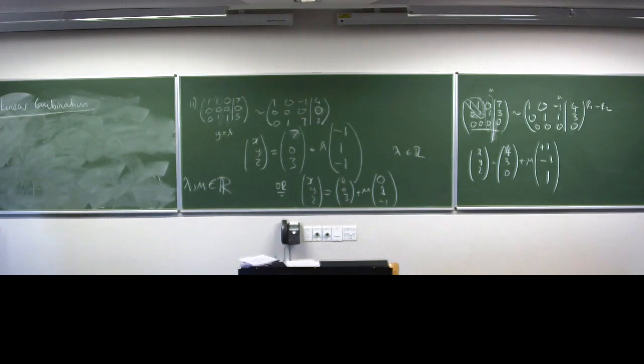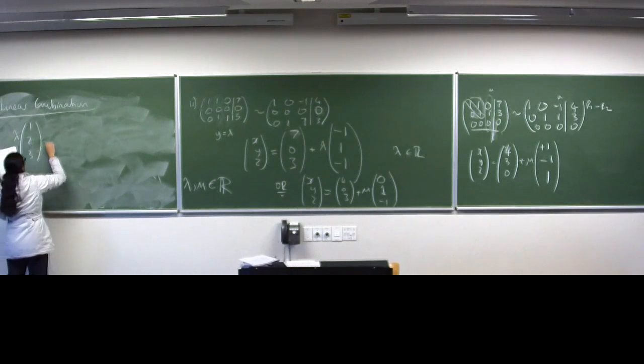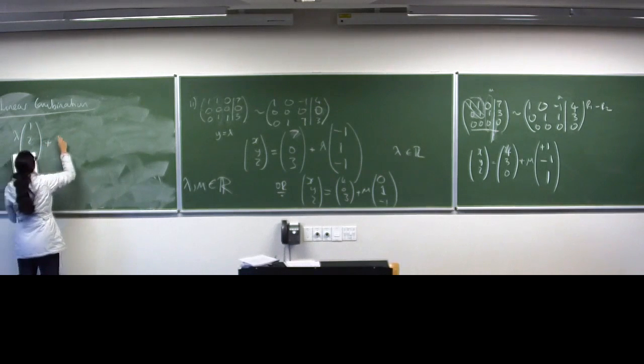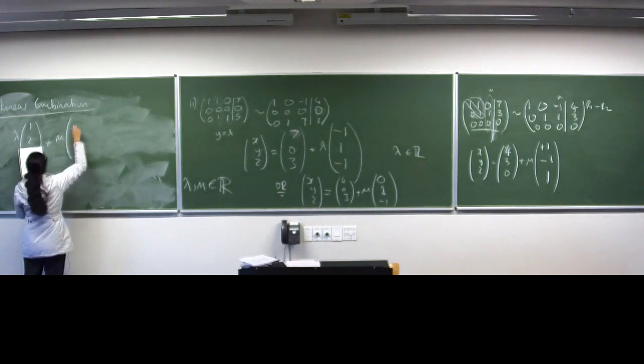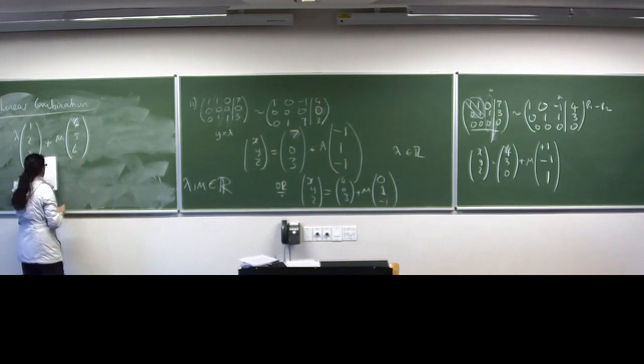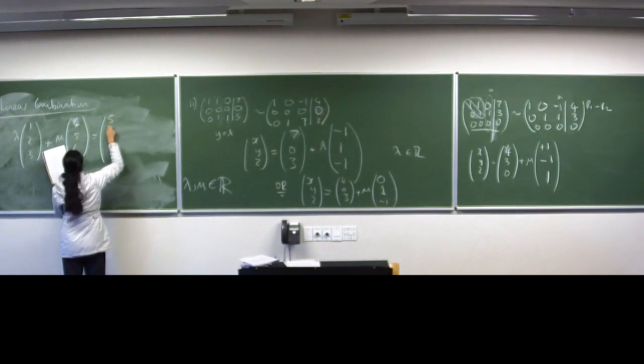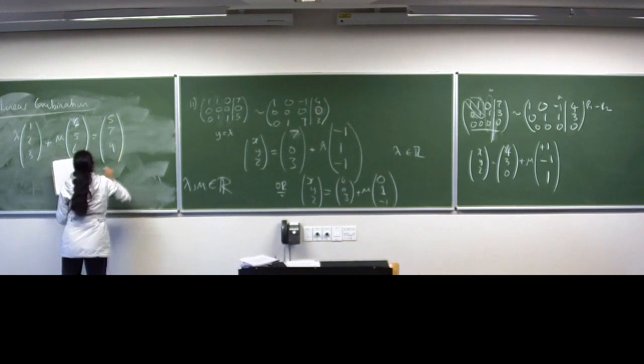Okay, so if we had this combination, lambda times 1, 2, 3, and mu times, let's make it 4, 5, and 6, we're just taking anything, equal to 5, 7, and 9.